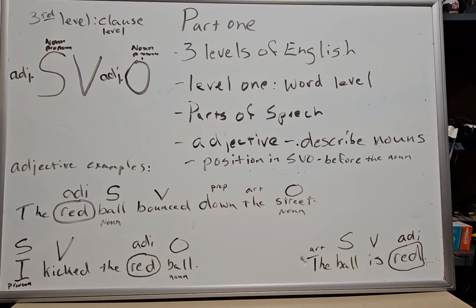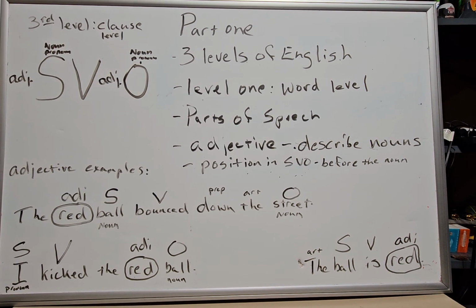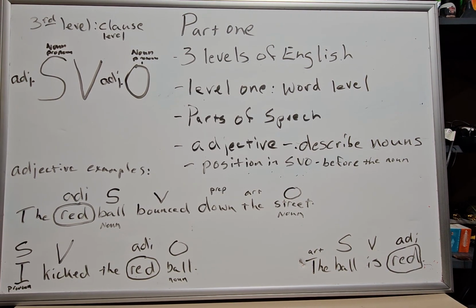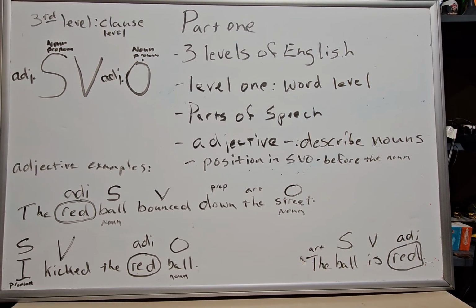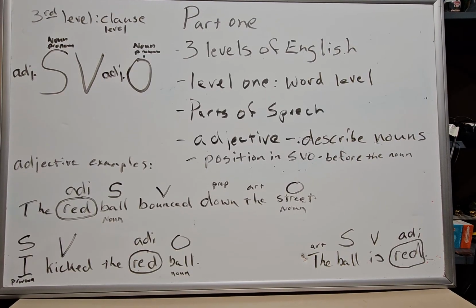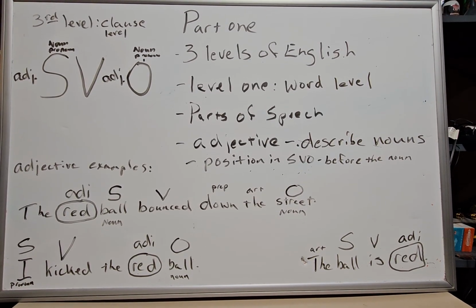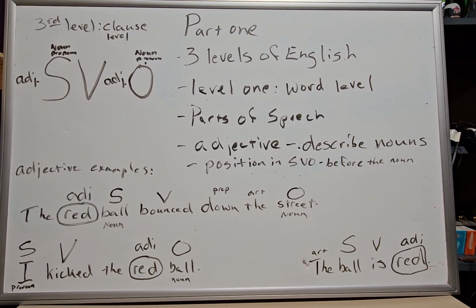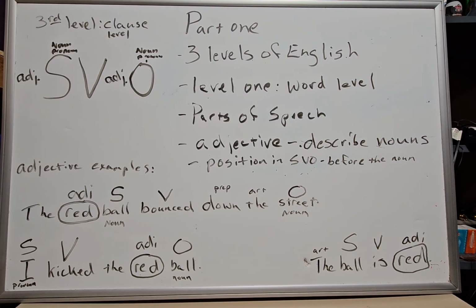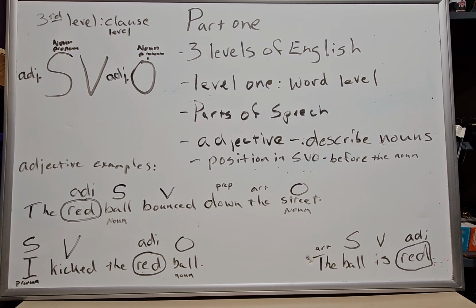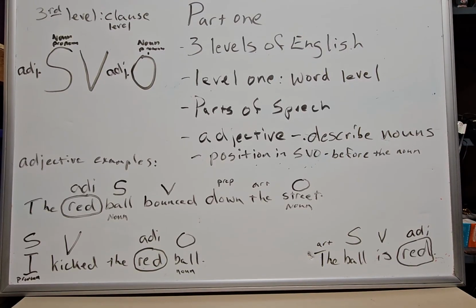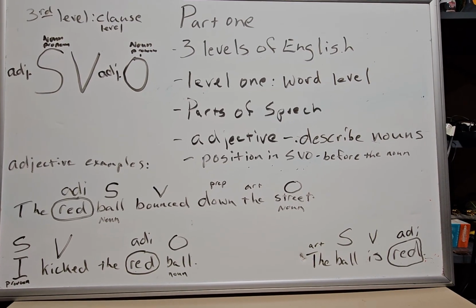As we look up into the upper left-hand corner, you see the third level, clause level, our SVO pattern. Remember, a clause is any group of words that contain a subject and verb.